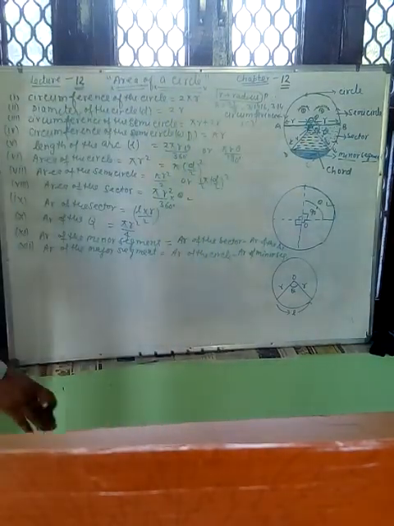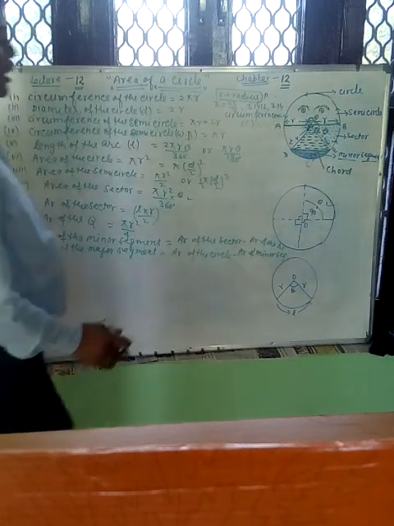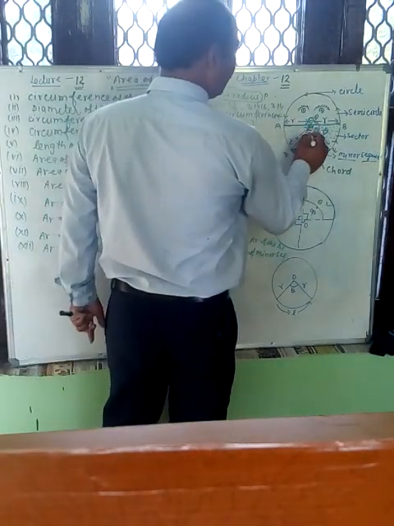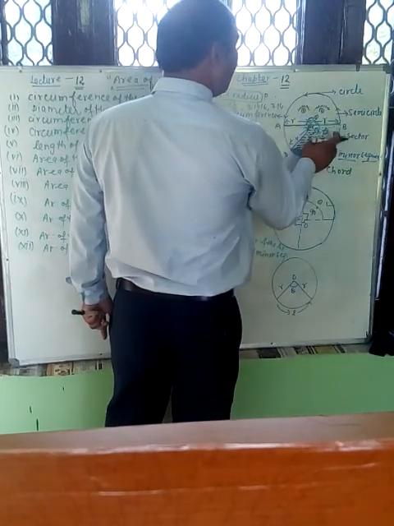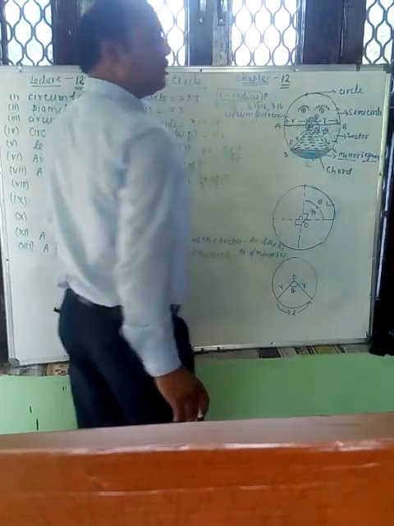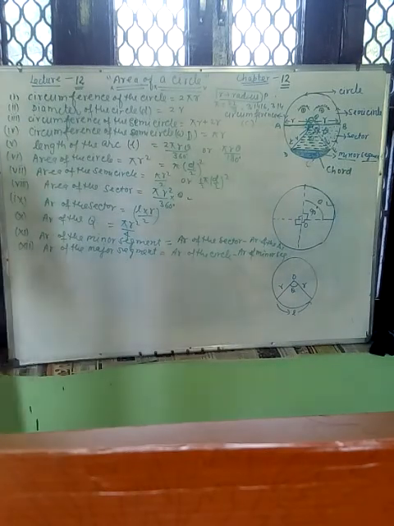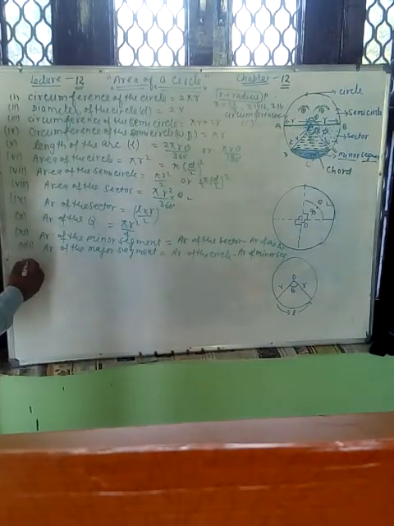Okay. Now, either you can use, suppose this angle is theta, then the other angle is 360 minus theta. This formula you can also write.